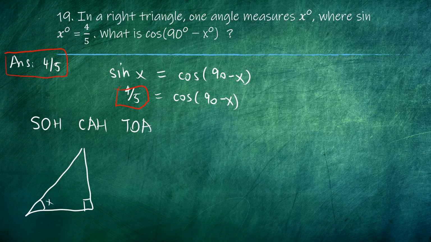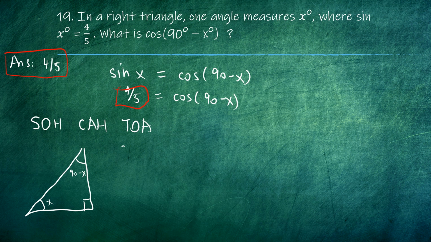Because we know that all three angles of a triangle add up to 180, and this is 90, and this is x degrees, this is what we call the complementary angle, which is 90 minus x. So let's focus on x here.